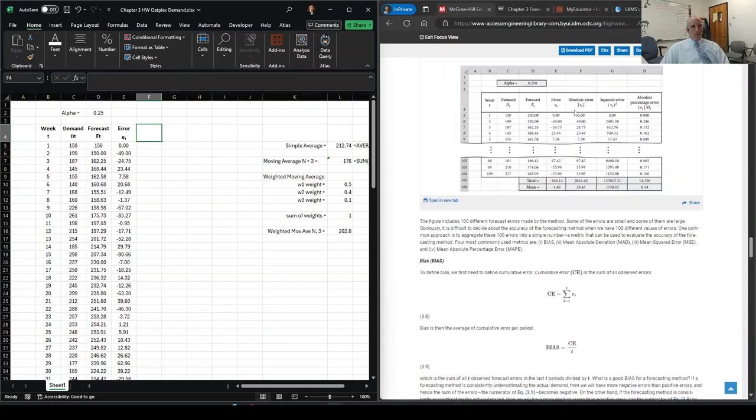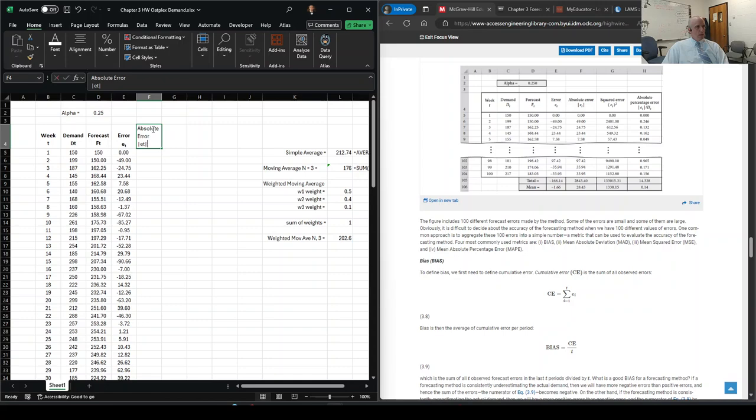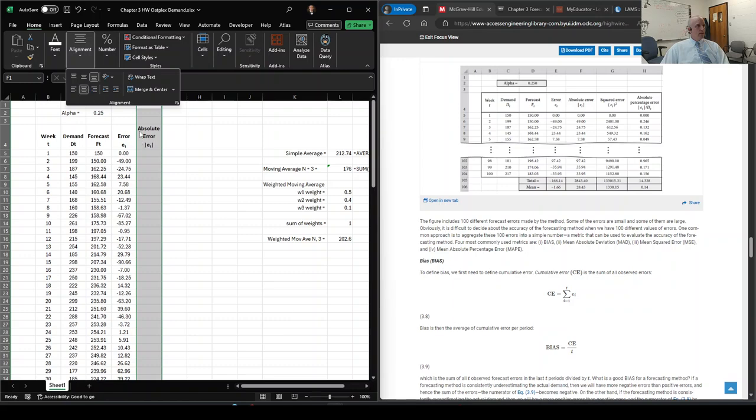If I scroll up, absolute error. And how do we do that? E subscript t. Can I do the subscript too? Hey, that's not bad. Actually, kind of like it.